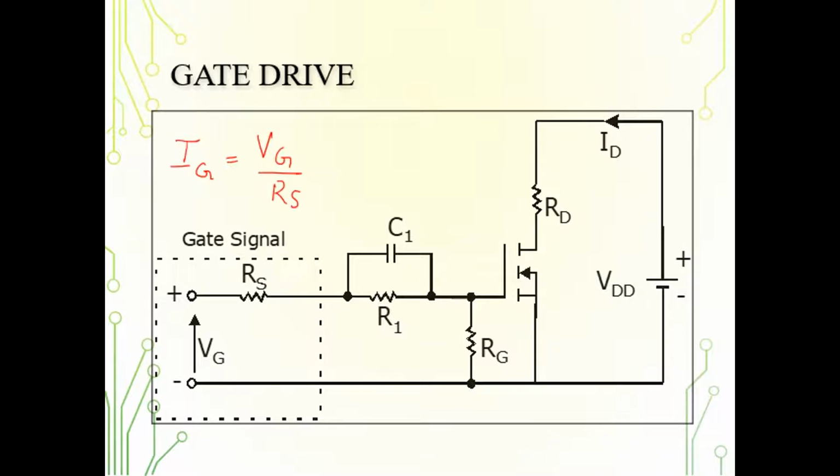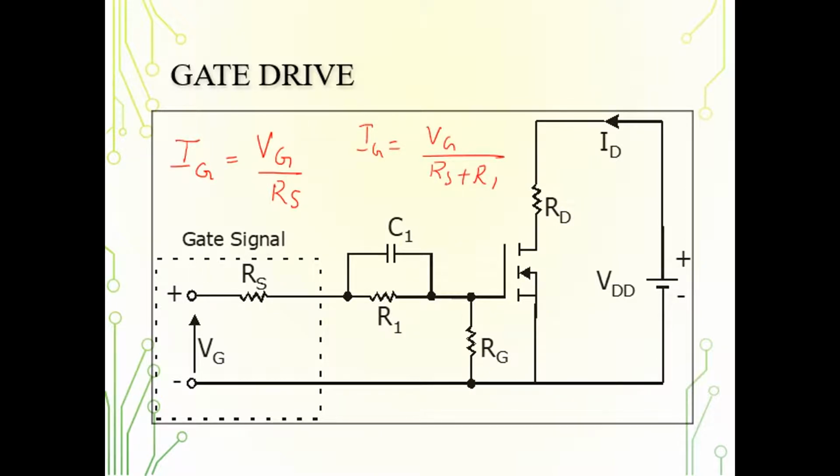Once the capacitance gets fully charged, the current Ig will be equal to Vg divided by Rs plus R1. So what will happen? The initial current will be very high so that the turn on time can be reduced and the switching speed can be increased.